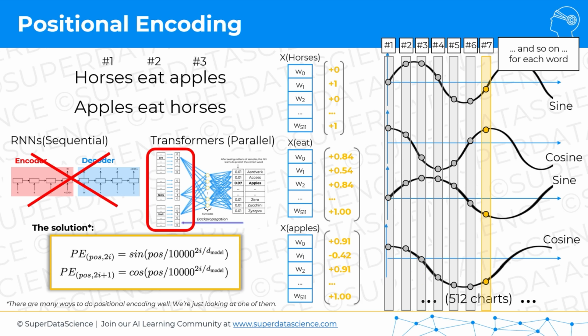We don't want to add more different components of the neural network that are going to be responsible for the word sequence. Our job is just to make sure that this information is somehow present, that we somehow are telling the transformer something about these positions. Right now, the way it is, there is no information about the position of the words.